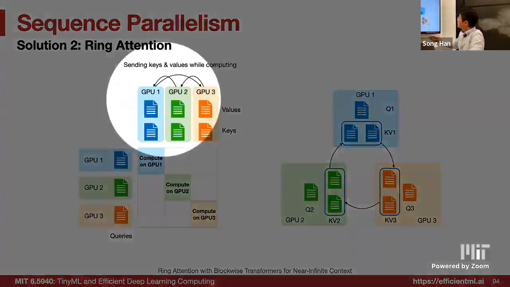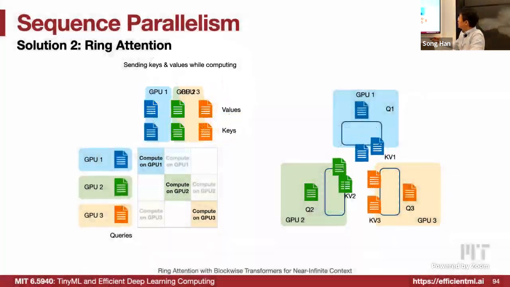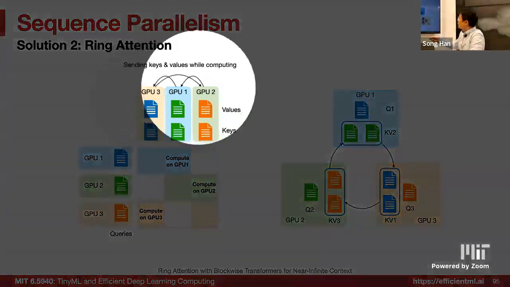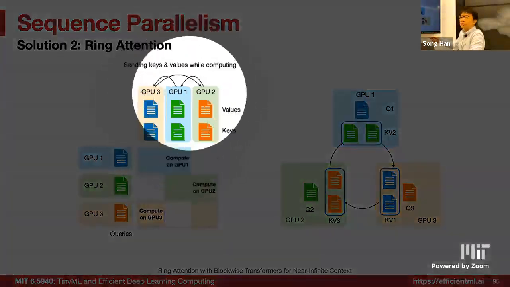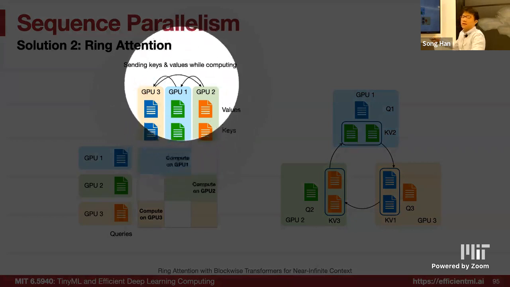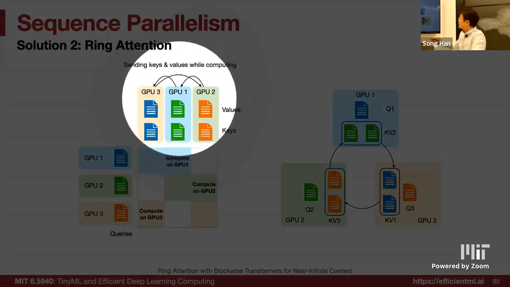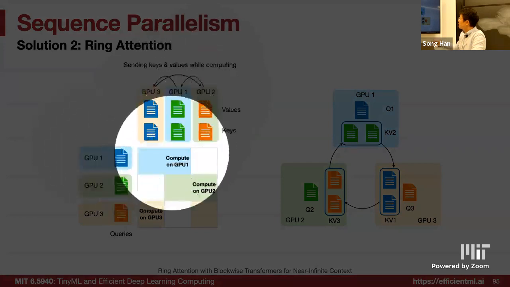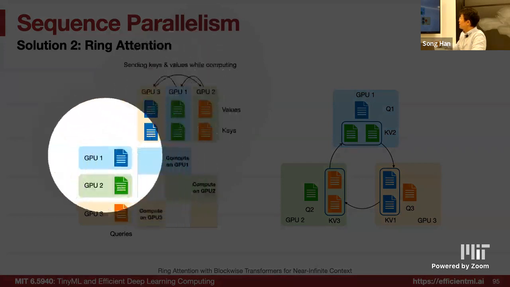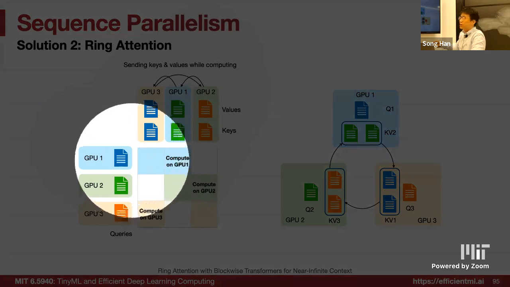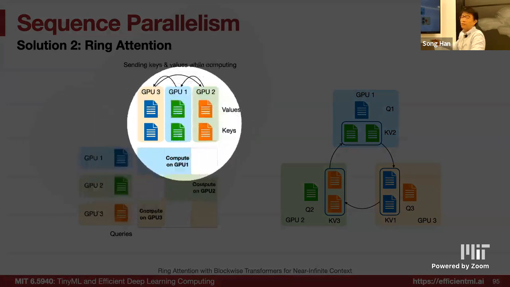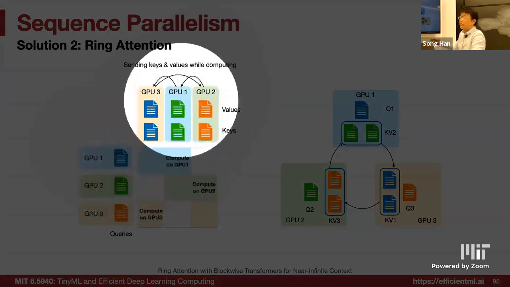See here, previously it's 1, 2, 3. Now it's switched. It becomes 3, 1, 2. So the second third of the sequence now resides on GPU1. So still within GPU1, we are doing the attention, but now we are attending the blue document with the green one. The first third with the second third.